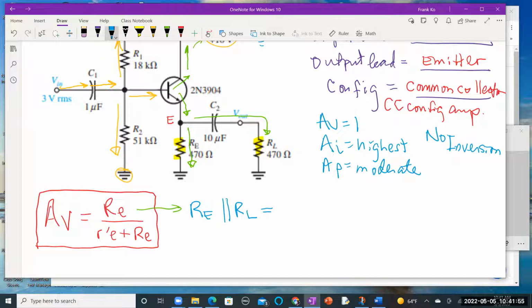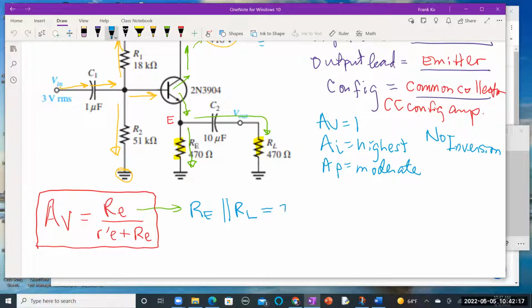So you have 470 in parallel with 470. Yes, so it's 470 times 470 divided by 470 plus 470, which is 235 ohms? 235 ohms. Okay.